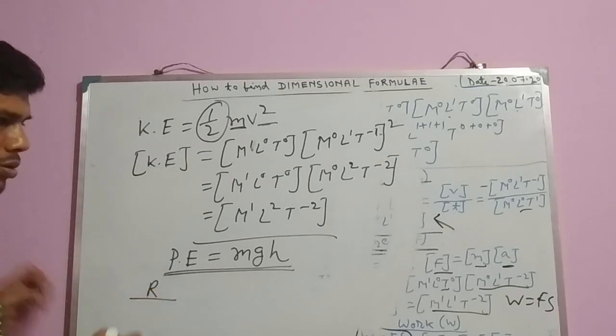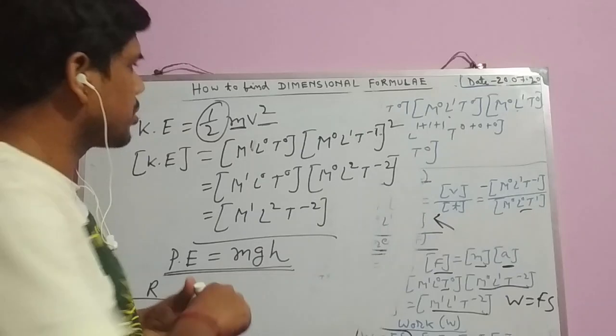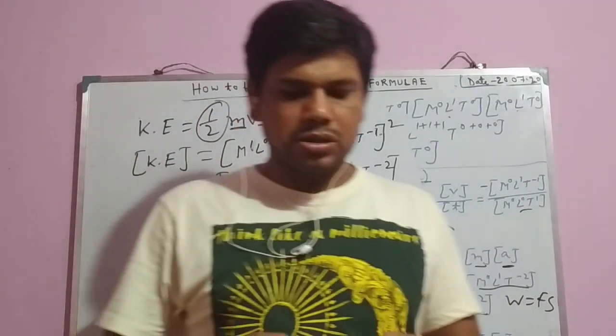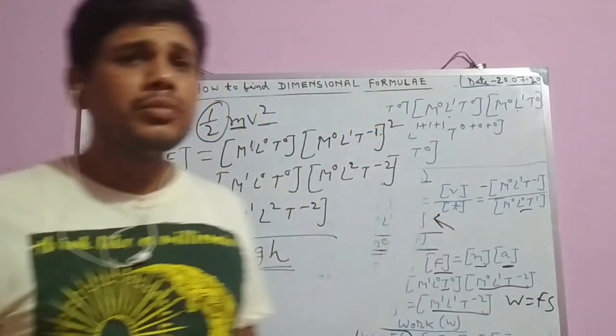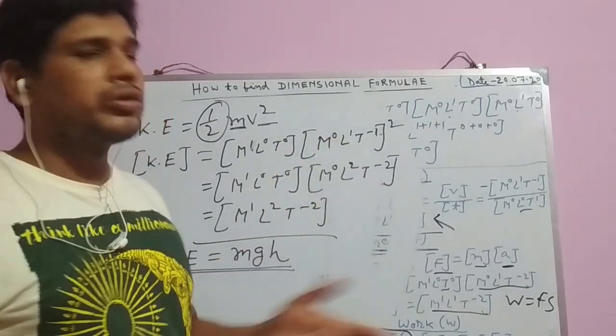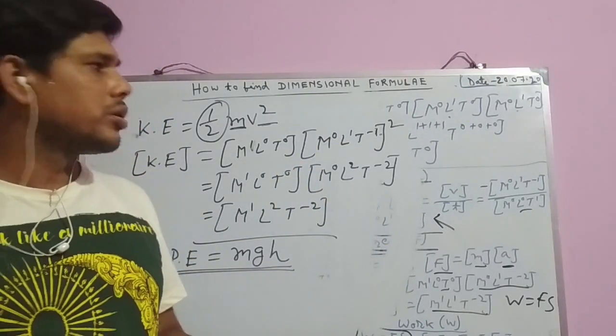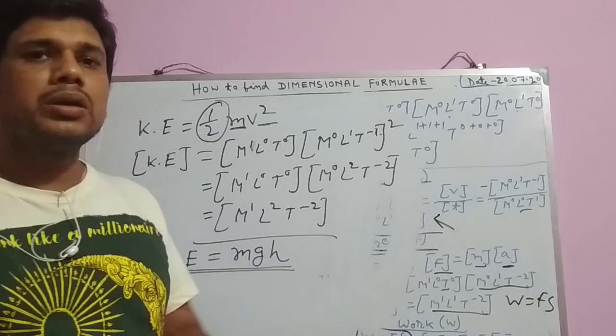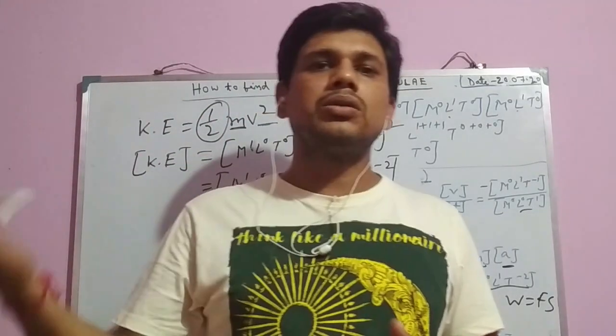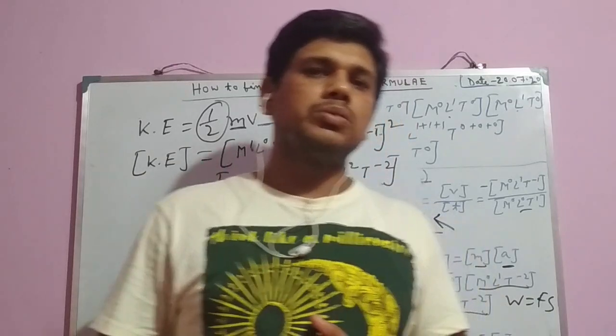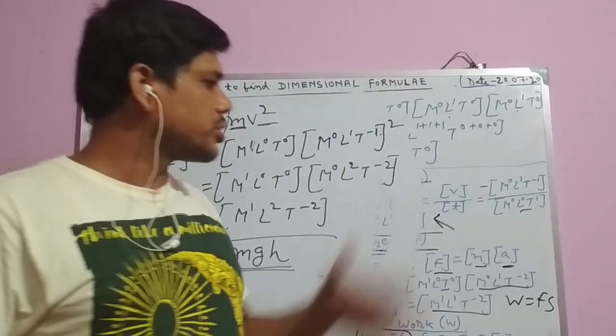After you go through these things, I'll give some questions related to dimensional formulas. You have to solve those problems and send them to our departmental WhatsApp group. Okay, so just go through this.